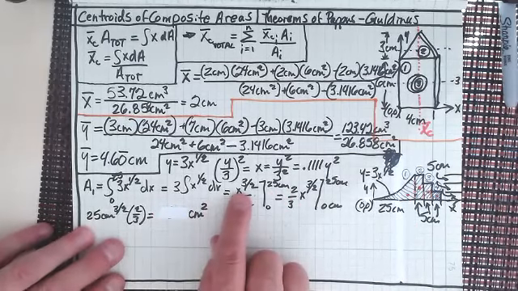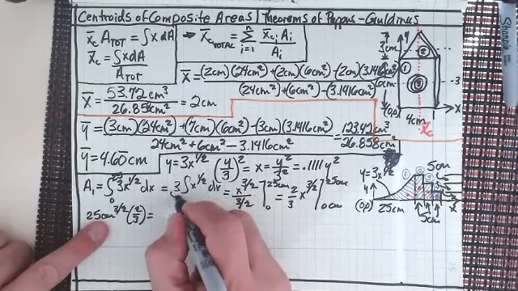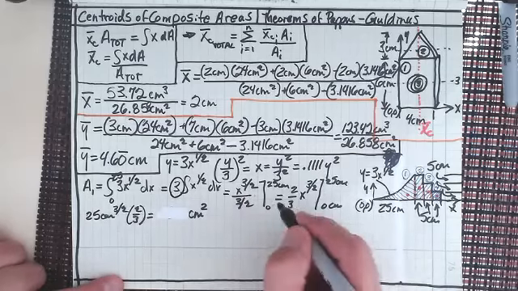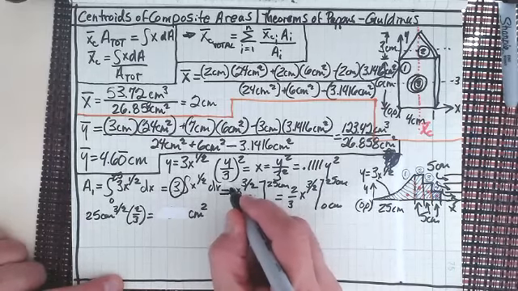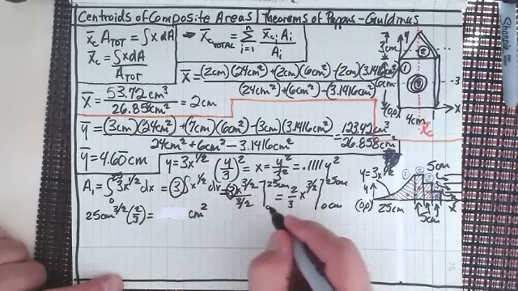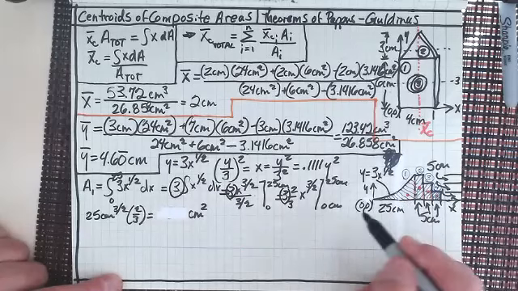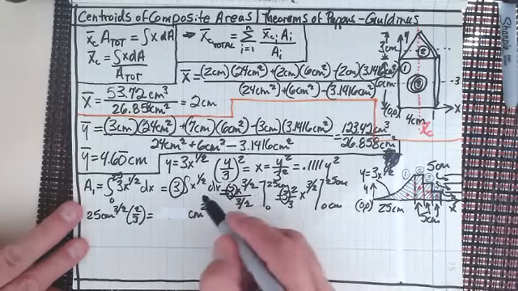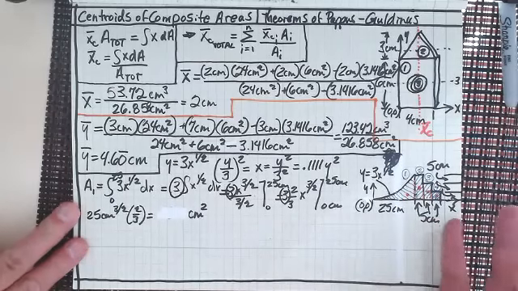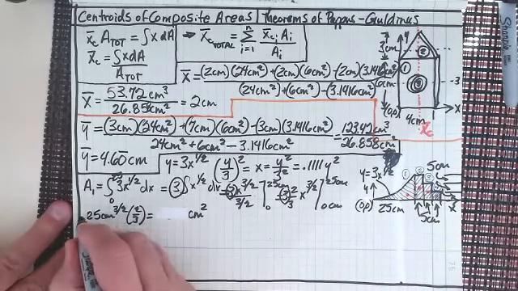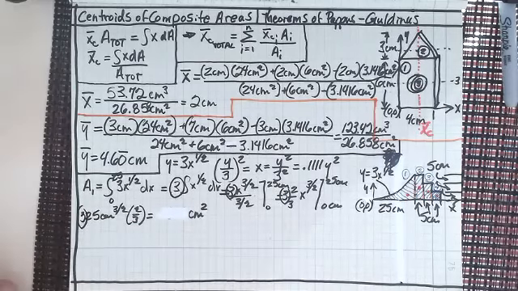And of course, what we've got here is, I forgot to carry that 3 through the equation. That should be a 3 times that, and there should be a 3 times that too, because I took it outside of the integral and I forgot to carry it through. It's a problem that happens. Let's just throw a 3 out in front of there too.